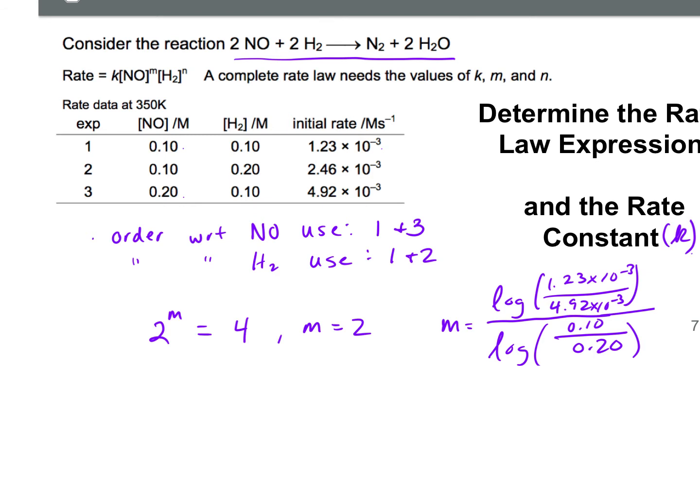So if I'm looking at comparing these two initial rates, and if I divide this rate by this rate, I get a factor of 4. And it's a lot easier to see if they're doubled sometimes. So for instance, in 1 and 2, if you double 1.23, you get 2.46. But yeah, that's where that's coming from. Oh, no. For 1 and 3, it goes up by a factor of 4.